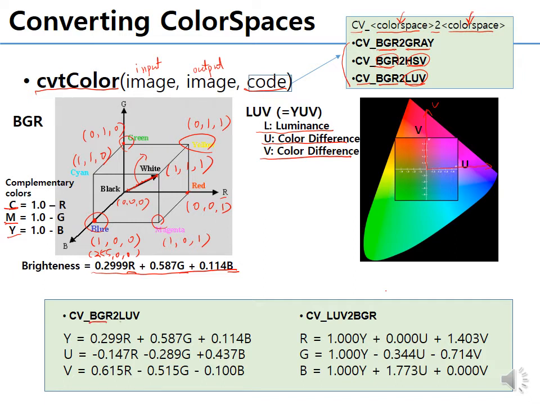For BGR to LUV, we use this formula to convert BGR to LUV. LUV is exactly the same as the name YUV. This is LUV, luminance. And for LUV to BGR, we use this.